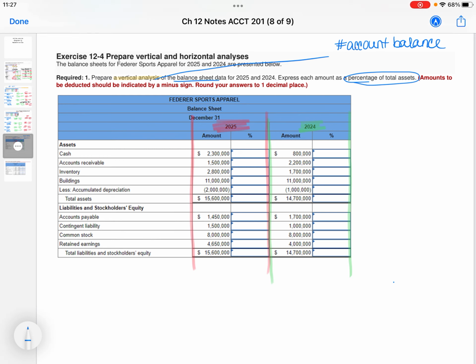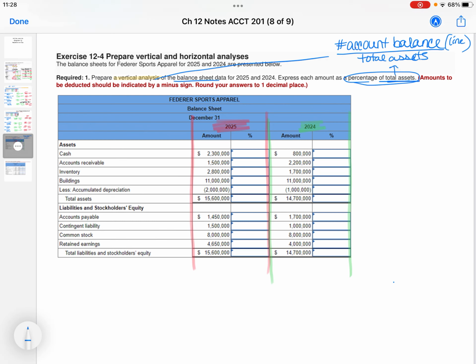You take the account balance of whatever line item you're looking at, and you divide that by the base. The base they've given is total assets. They could have said total liabilities and equity, and it would have given us the same answer. Or if we were doing an income statement, they would have told us total sales. That's typically what we divide by for a vertical analysis on an income statement.